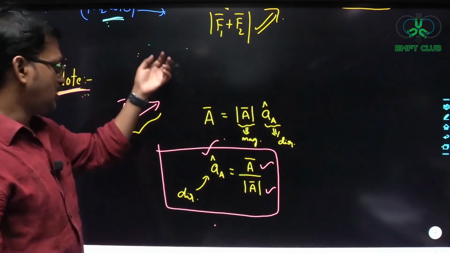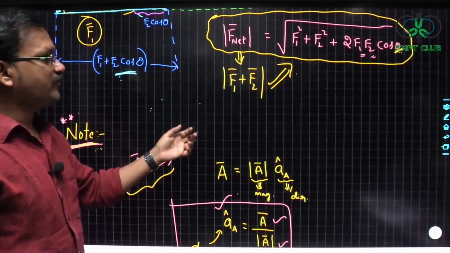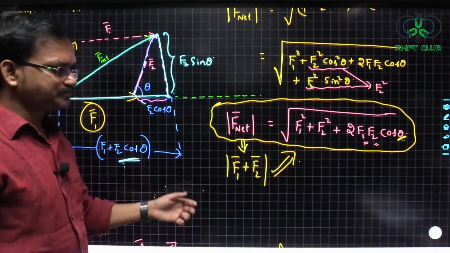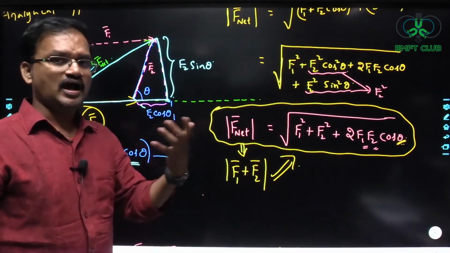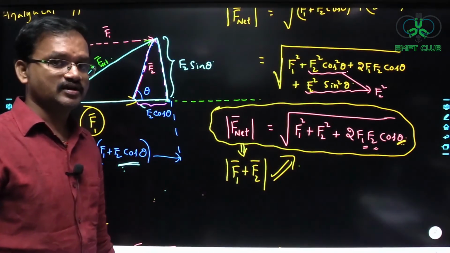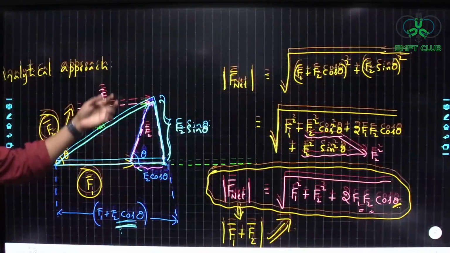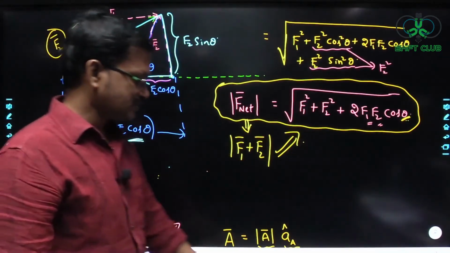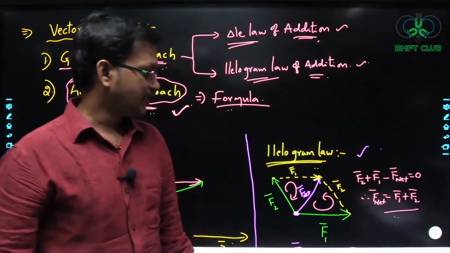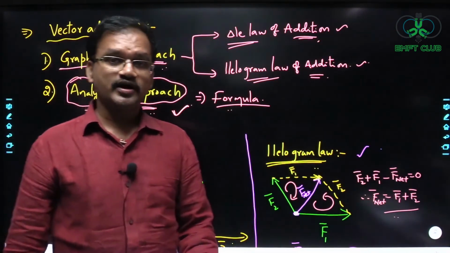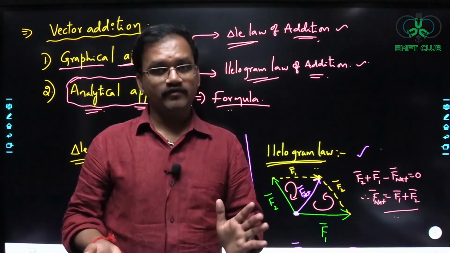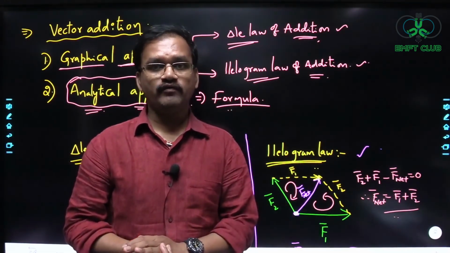Once you get familiar with vector quantities, then you can easily understand this subject in a crystal clear manner. So in this lecture we have studied what a scalar quantity is and what a vector quantity is, and also the addition of vectors, how to do the addition of vectors.